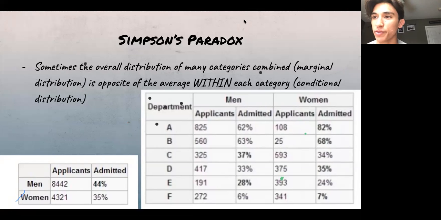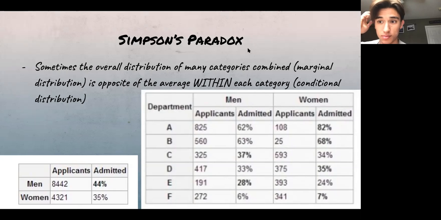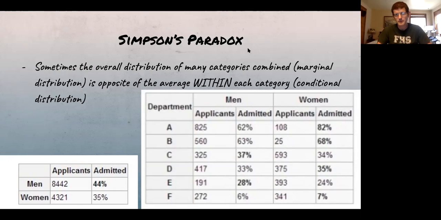Different departments have different acceptance rates. Hey guys, let's stop annotating. Yeah, every department has different acceptance rates, and that's an important point to make. That's good. Because we can compare Department F to Department A, and which one's easier to get into?